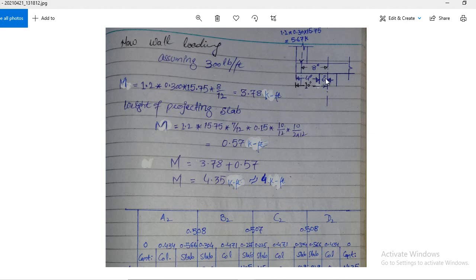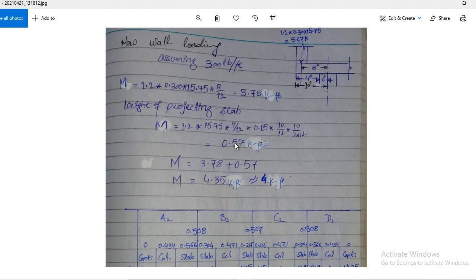And this total distance is counted from the center line of the column, so that's why we are getting 10 inches. So 10 divided by 12 times half of the 10. So we got 0.57 kip-feet.